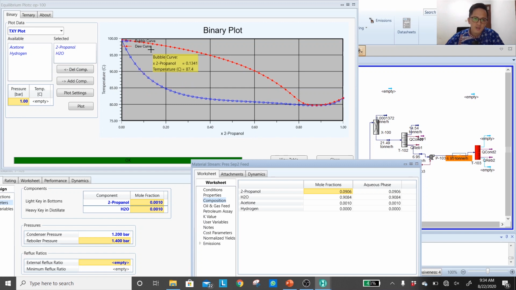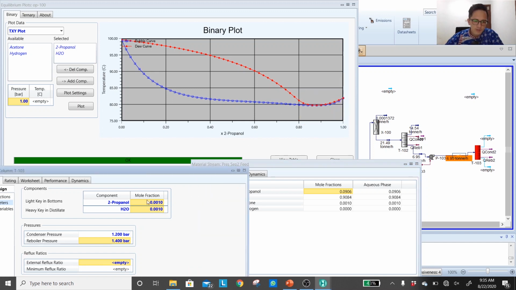That means in the distillation column, it's possible to get pure water, because it is in the same left window. Pure water with a very small amount of IPA, but it is impossible to get almost pure IPA. It will be limited below the azeotropic condition.